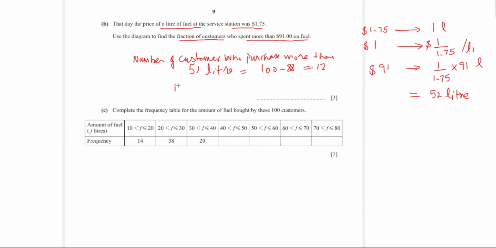Now the fraction of customers is 12 out of 100, and we can simplify it as 3 over 25, the fraction of customers who spend more than $91 on fuel.